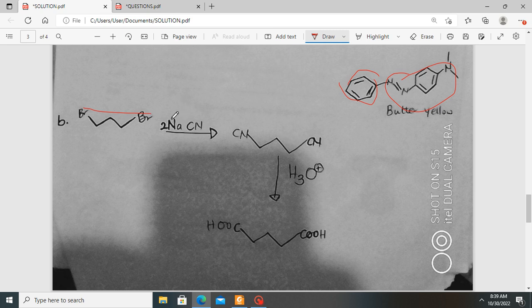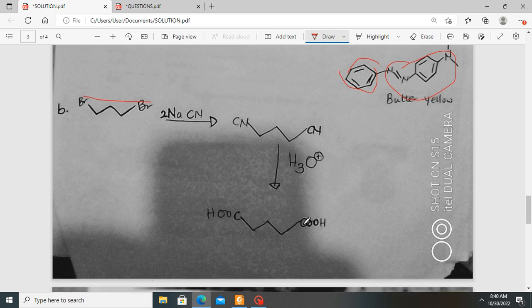When you add carbon dioxide in acid, that is carbonation, that converts the MgBr to carboxylic acid. So either the cyanide route to carboxylic acid or magnesium to form a Grignard reagent to carboxylic acid. Both pathways work for converting the dibromo compound to pentane-1,5-dioic acid.